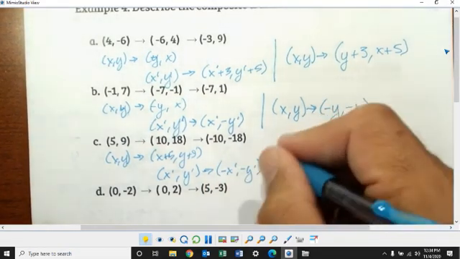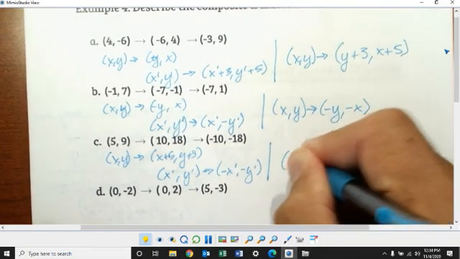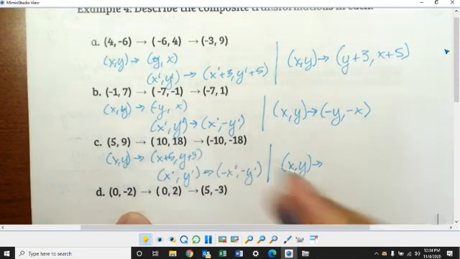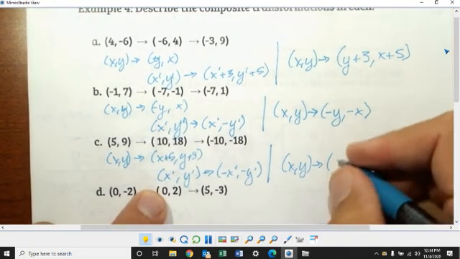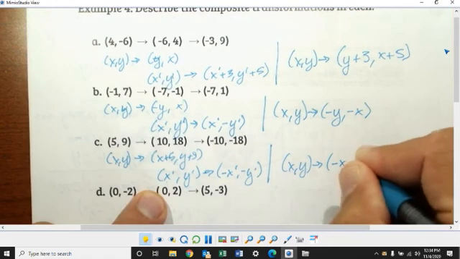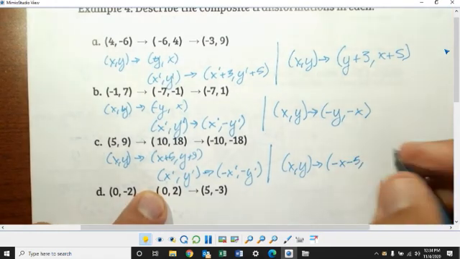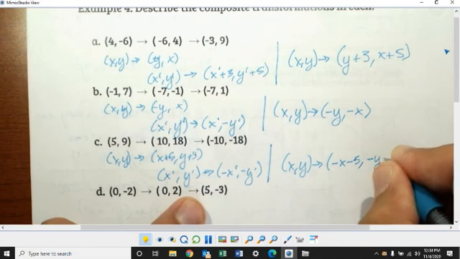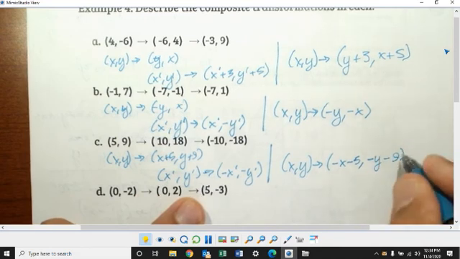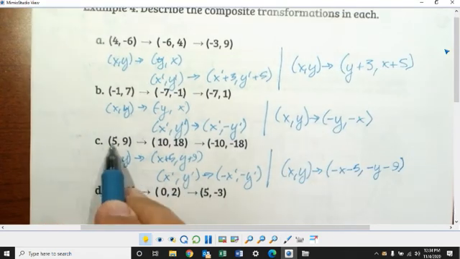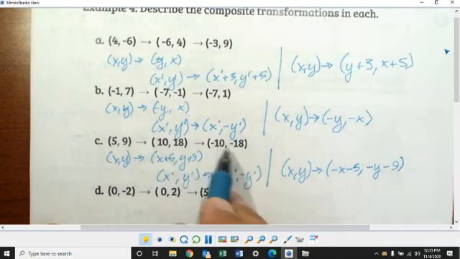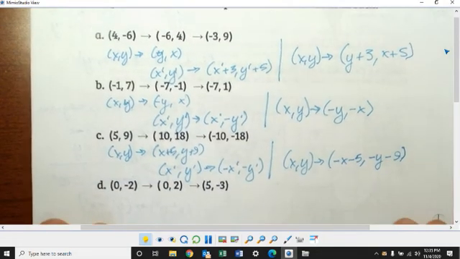Okay, so my final rule, x, y, I've got negative x prime is x plus 5, so this is negative x minus 5. It's negative all of that. And then this is negative y minus 9. And again, check it. Negative x minus 5 is minus 5 minus 5, which is minus 10. Negative y minus 9 is minus 9 minus 9, which is minus 18. All right.